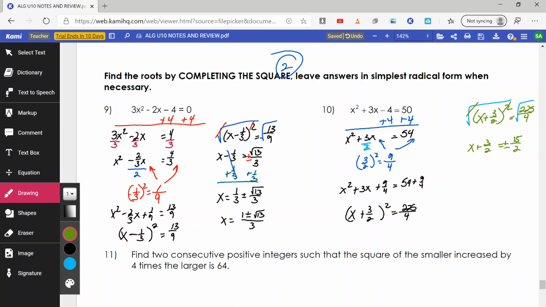And again, whenever I take the square root of a number, I really end up with a positive and negative value. So now I'm going to solve for x by subtracting 3/2 from both sides. So I really end up with x equals negative 3 over 2 plus and minus 15 over 2. Because they're the same type of numbers with the same denominator, I can actually do the math involved.